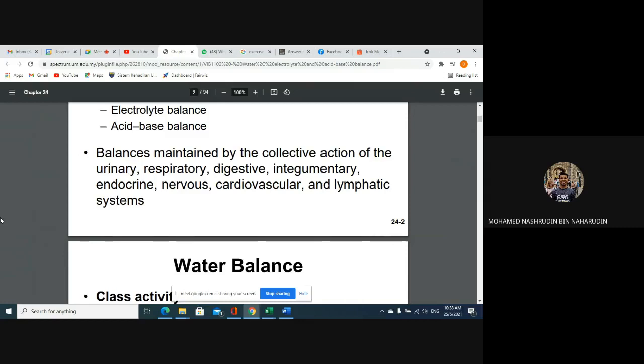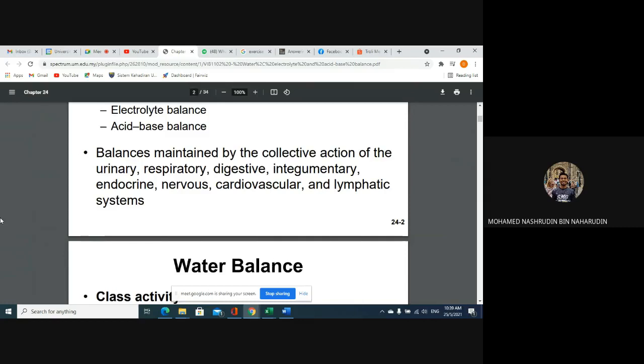a few hormones are responsible for water absorption and water loss. For example, vasopressin and anti-vasopressin. The nervous system is also involved in water loss due to certain regulation between muscles and neuromuscular activity.